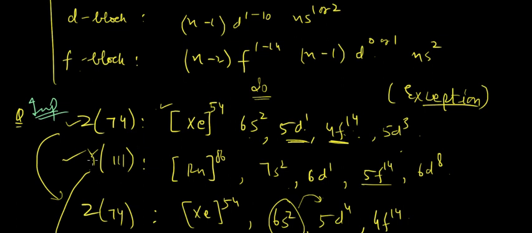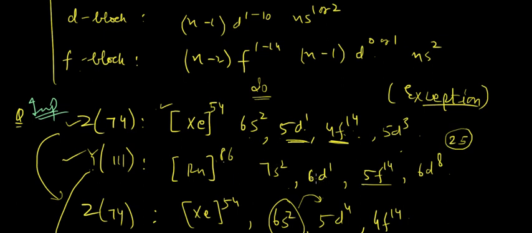And similarly for atomic number 111, let's say we have element Y, so we are writing its configuration by first filling with radon 86, this is the inert gas. So after 86 electrons are filled with radon in the configuration, 25 more electrons are remaining, so just fill that with 7s2 6d1.